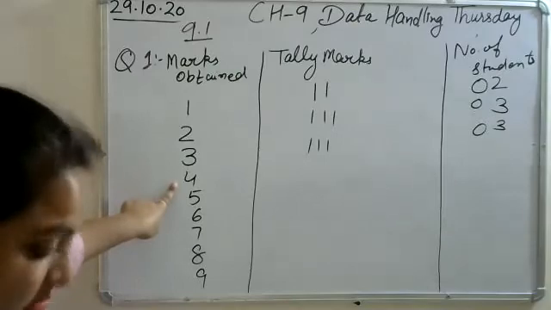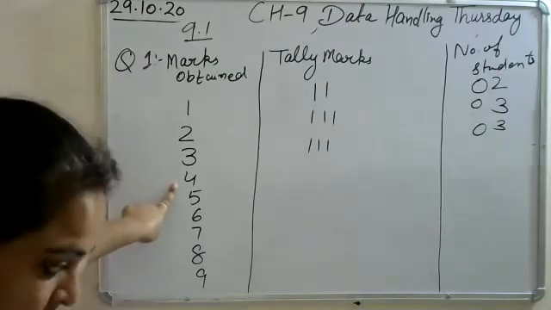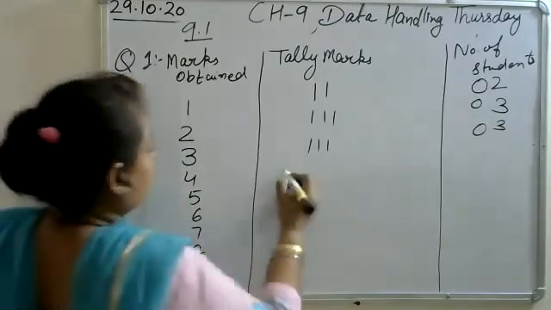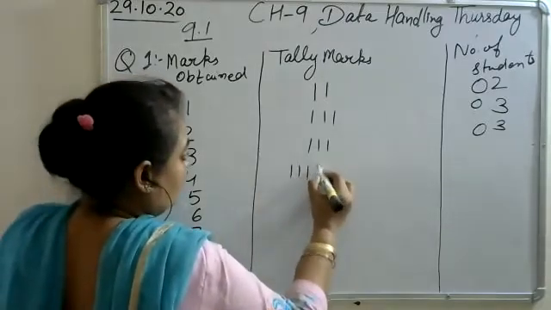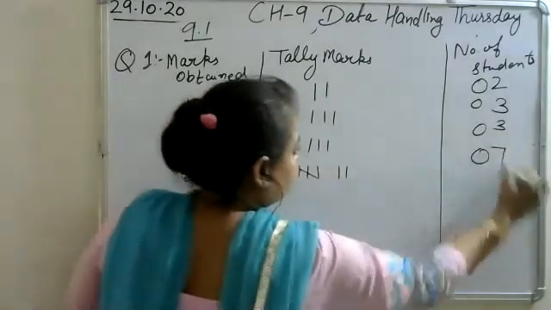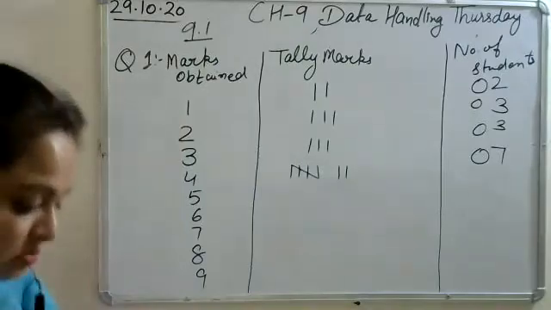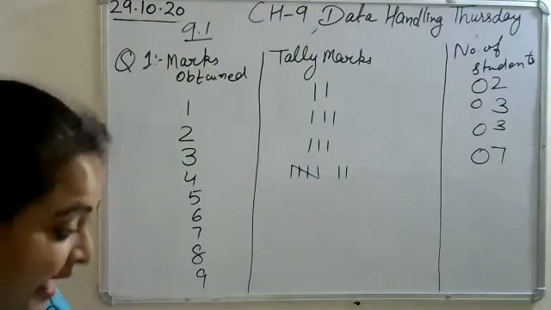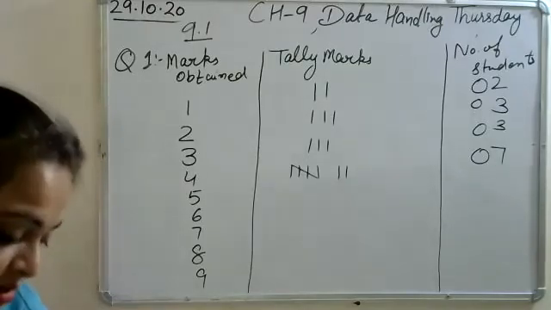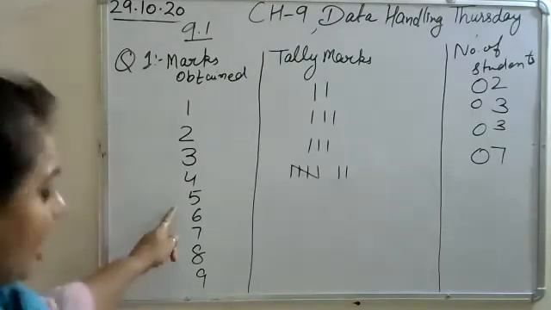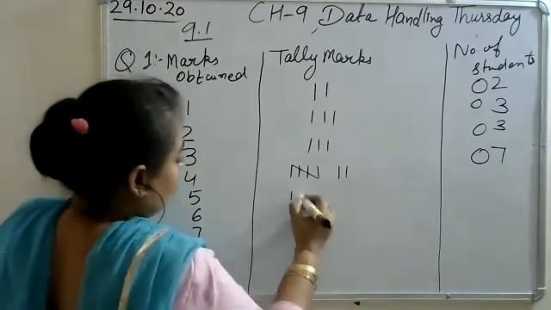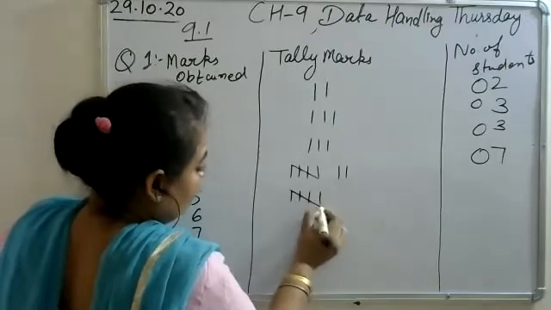4 marks. Very good, Prerna. 7. Yes. So 1, 2, 3, 4, 5, 6, 7. Then 5. How many students will get 5 marks? Yes, 6. 1, 2, 3, 4, 5, 6.